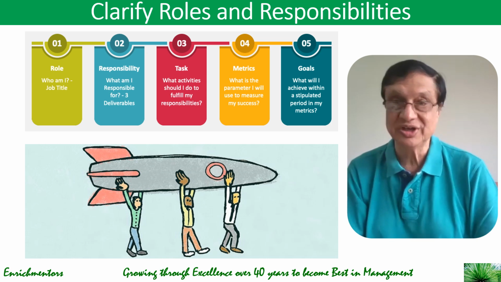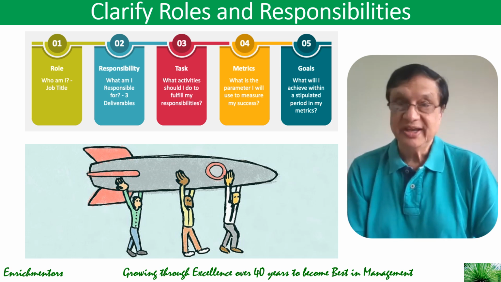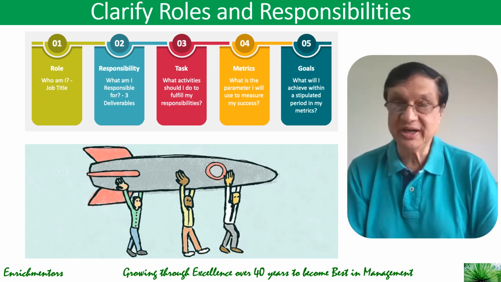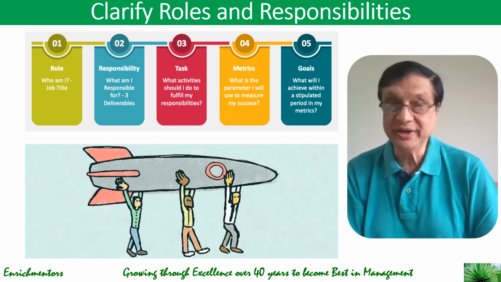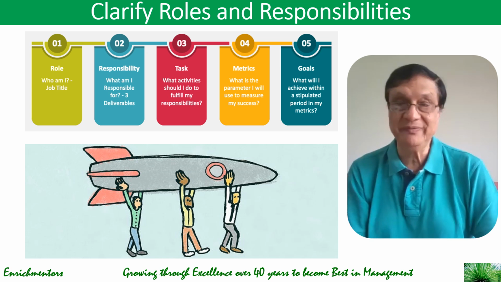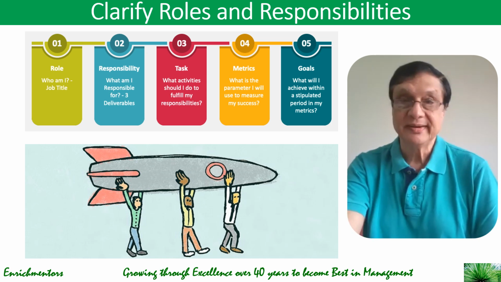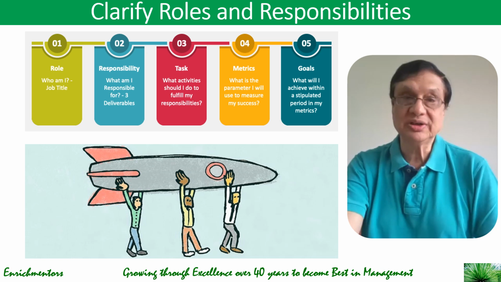So establish shared ownership. The IT lead, for example, can manage the technical development, while the HR lead ensures that the system meets employees' and recruiters' needs, and all of them have a combined output that we will illustrate later. So that's how you should clarify roles and responsibilities.